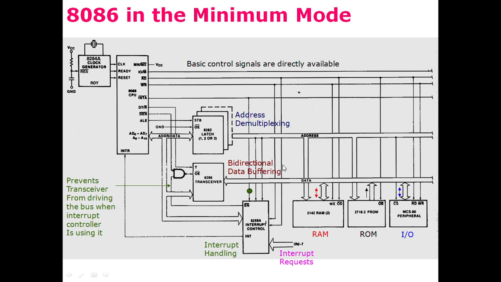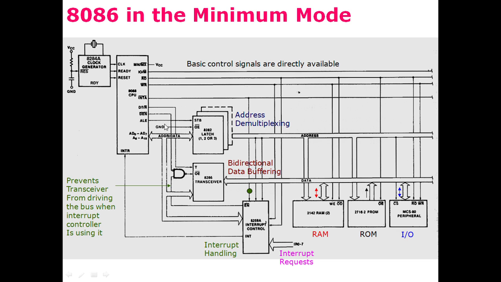There is an interrupt controller as well that receives interrupt requests from external devices, and this interrupt controller then generates an interrupt request that is sent to the microprocessor through the interrupt request pin. When the microprocessor receives the interrupt request, and if the interrupts are enabled, then it would call an interrupt service routine or interrupt handler, and that will be executed to address the interrupt request that has been received.